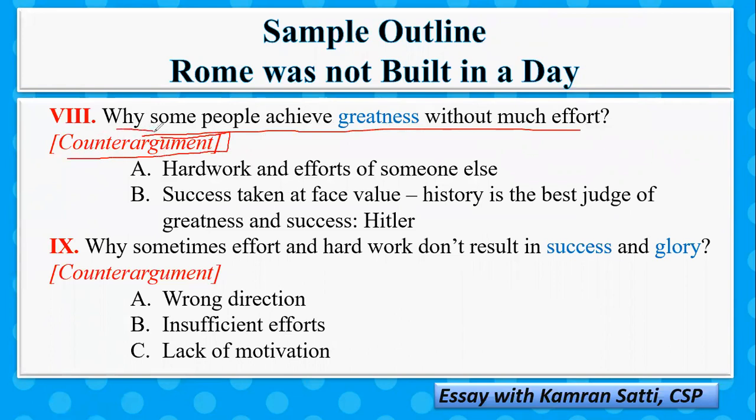Just read this main bullet point: why some people achieve greatness without much effort. Now I am convincing the examiner from the other point, that some people do achieve greatness without much effort. Their greatness is actually achieved in a very short period of time. But why? It could be the hard work and efforts of someone else.